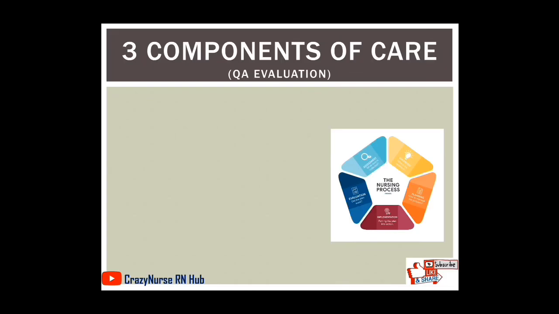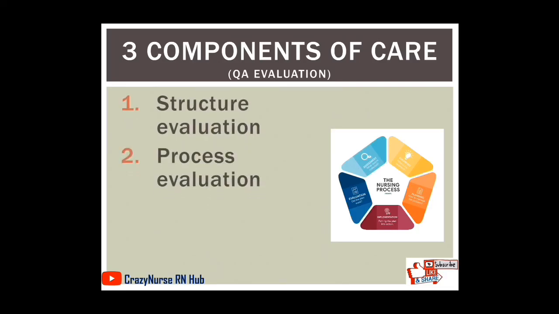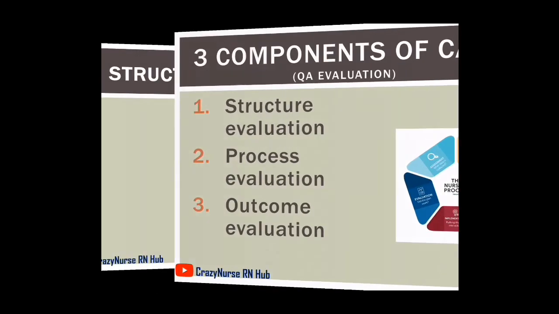Quality assurance requires evaluation of three components of care. We have structure evaluation, process evaluation, and outcome evaluation. Each type of evaluation requires different criteria and methods, and each has a different focus.